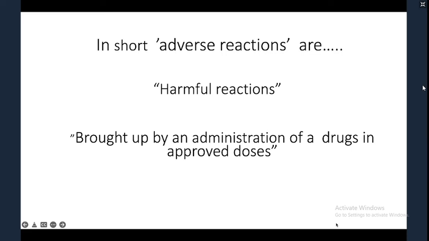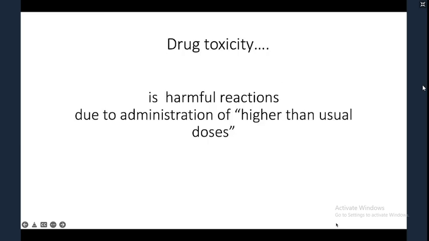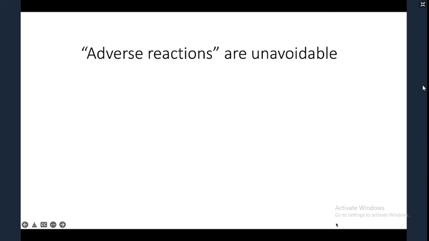Adverse reactions are harmful reactions which occur when you administer a drug or an antibiotic in approved doses. But toxicity, unlike an adverse event, is due to administration of drugs at higher than usual doses.